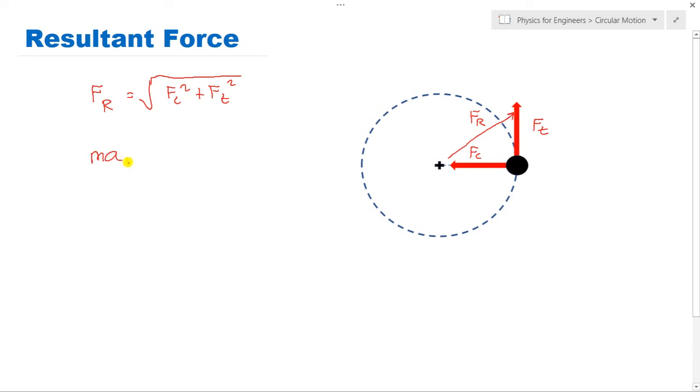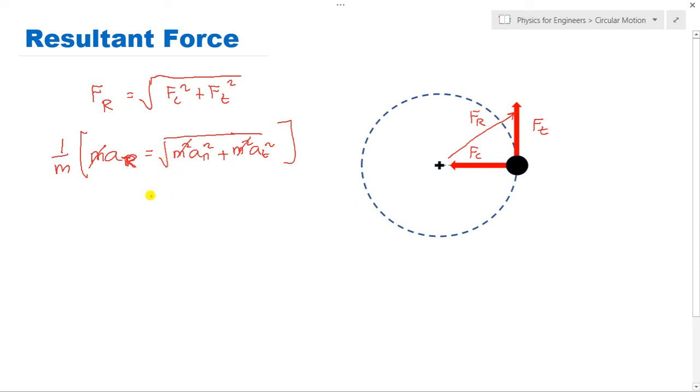a, let's just say t for total, or AR, the total acceleration, which is equal to the square root of m squared times the normal acceleration, an squared, plus m squared times the tangential acceleration, at squared. So if you multiply by 1 over m, this will cancel, because if we extract m outside, it's just m.